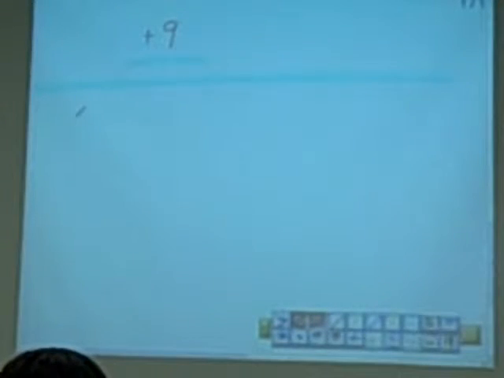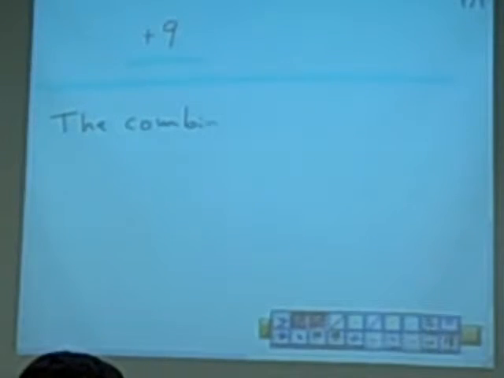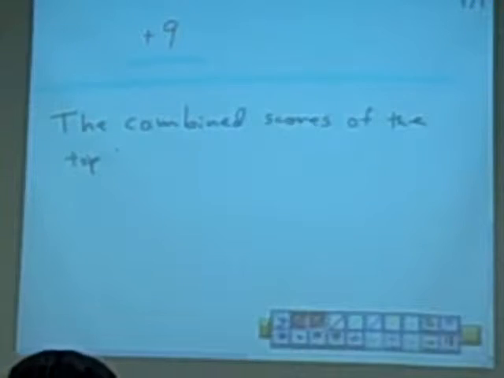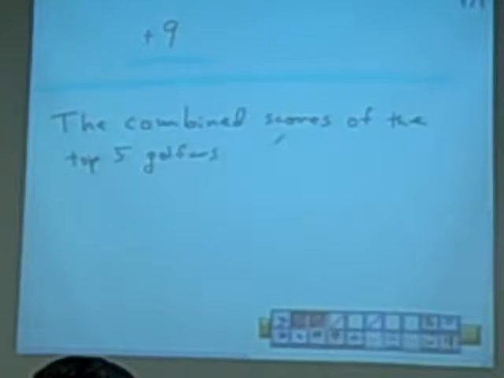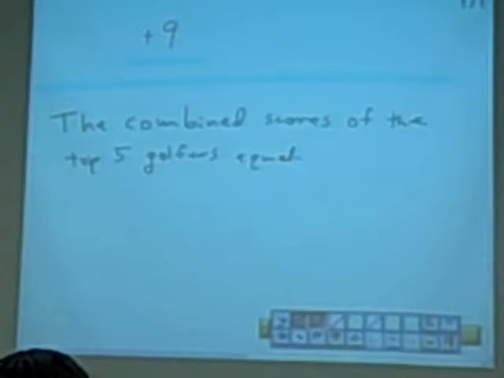Okay, if we have the combined scores of the top 5 golfers equaled a negative 10.